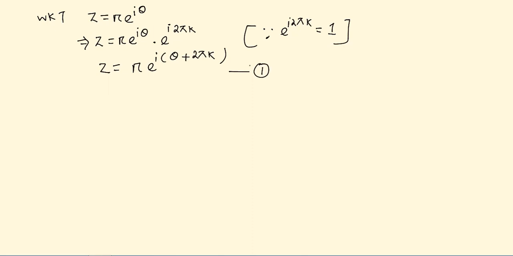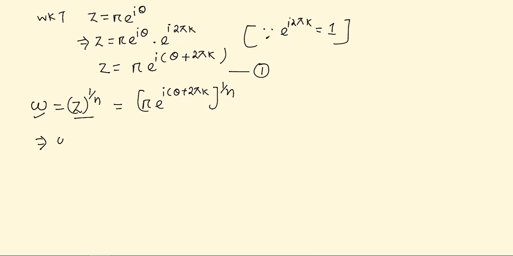Now if you want to find the nth root, then we can write the roots as z to the power 1 by n equal to r into e to the power i theta plus 2 pi k, all to the power 1 by n, and this quantity is represented as omega. Omega designates the nth root of a complex number.